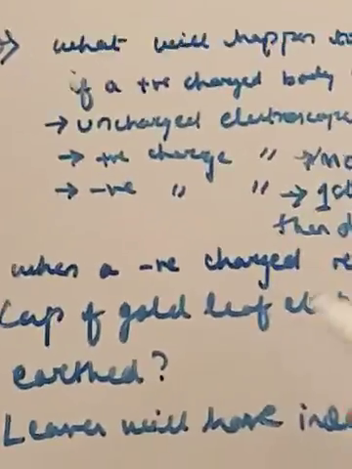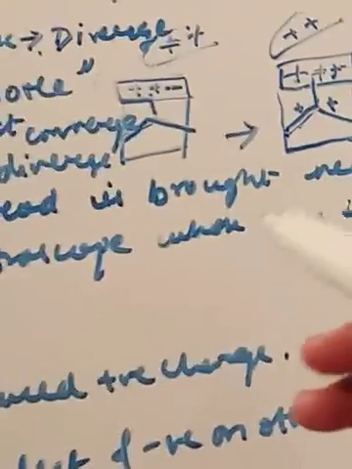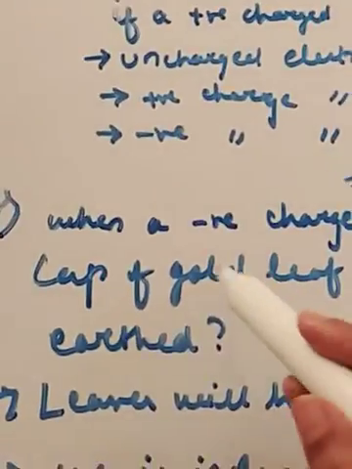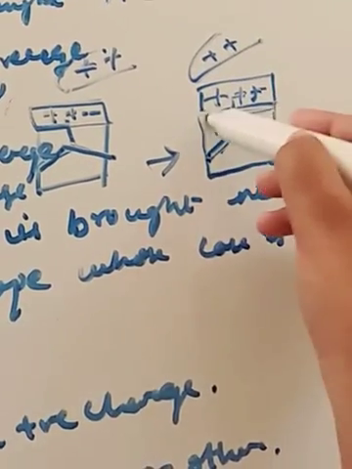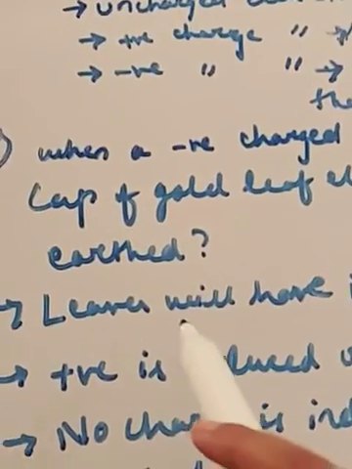I hope you haven't understood the question, so let me make you understand. If a negatively charged rod is brought near the cap of the gold leaf electroscope, this being the gold cap, and it is earthed, what will happen?